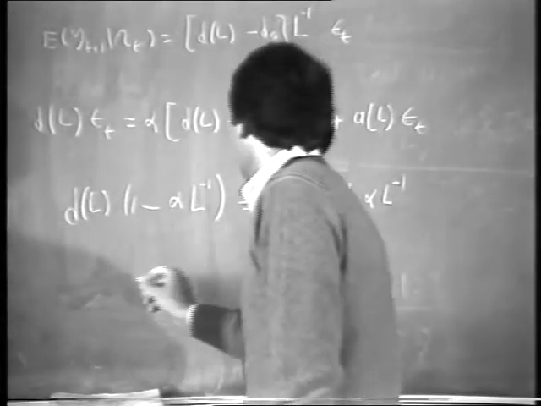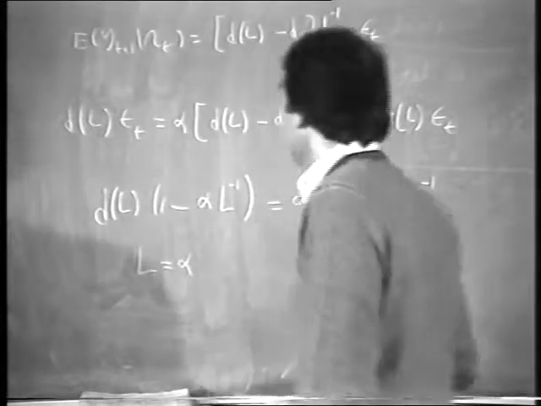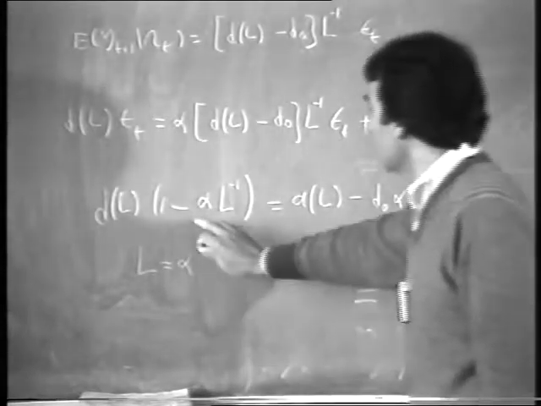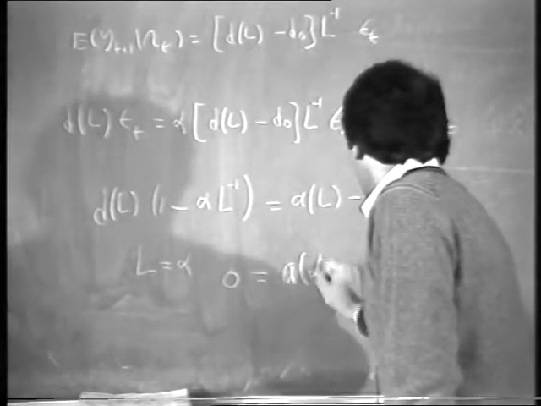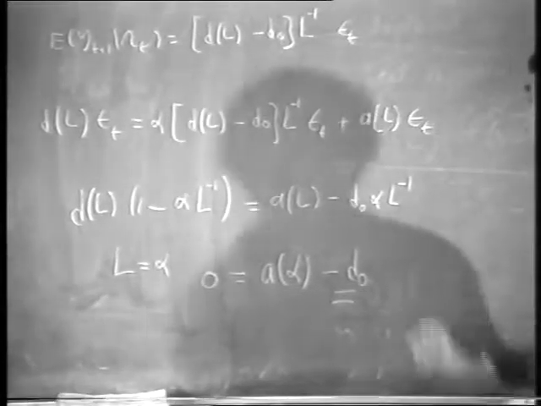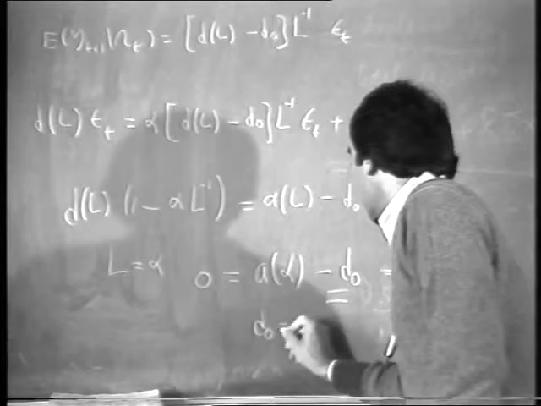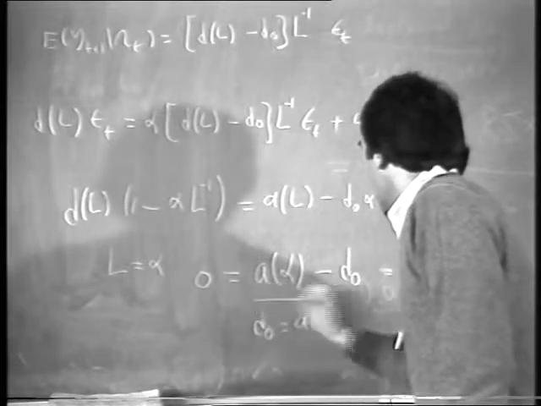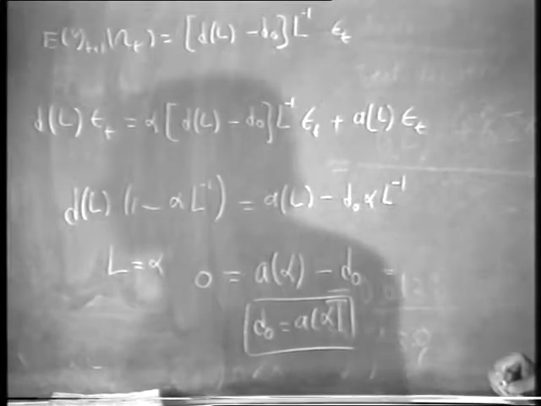So we evaluate this at L equal to alpha. That becomes 0. That's equal to A(alpha) minus d naught, because these two cancel, and that suggests that d naught has to be chosen as A(alpha) in order to get the solution.